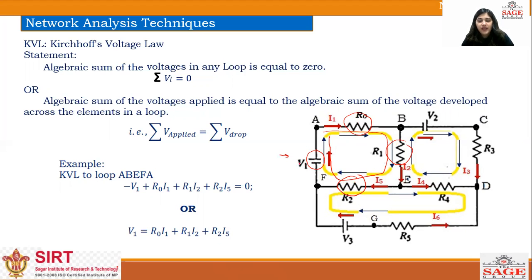So V1 will be equal to the voltage across each passive element. So if we write the equation according to our first statement, we will start.